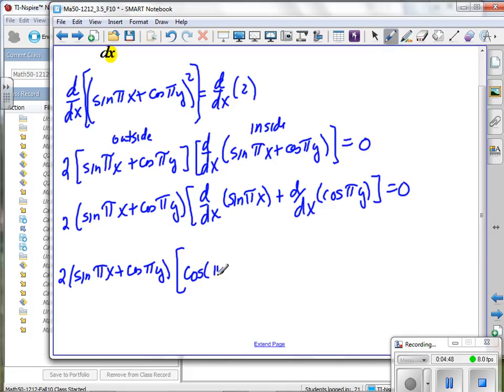Again, that's one of those that I expect you to know. Okay, times the derivative with respect to x of what? Pi x. Plus, do we see a composite function here? Same type, right? Outside is cosine, inside is pi y. So now I need the derivative of cosine. Again, Hannah? Negative, yep, negative sine of what?